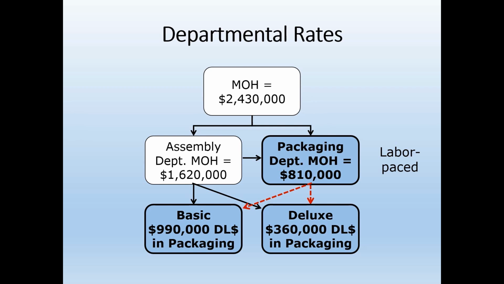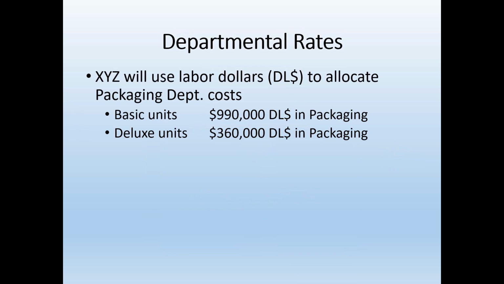So the firm either estimated or traced how many labor dollars in the packaging department went to the basic units and how much went to the deluxe units. Now the firm can add the number of direct labor dollars used to package basic units plus the number of direct labor dollars used to package deluxe units to get the total number of direct labor dollars used in the packaging department.